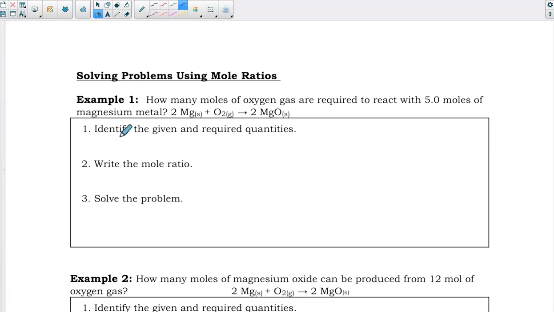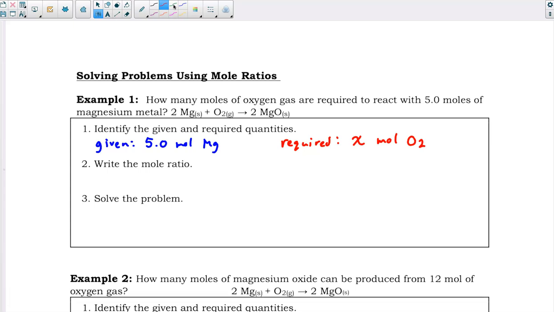How you can think about this is identifying the given and required quantities. We have 5.0 moles of magnesium. We are interested in finding how many moles of oxygen gas we need.